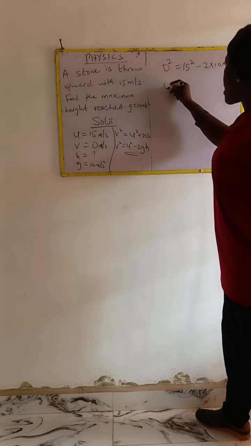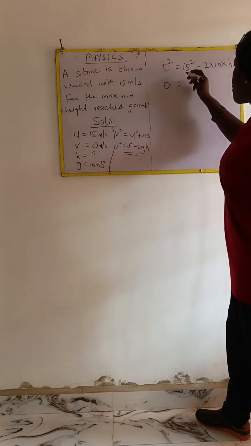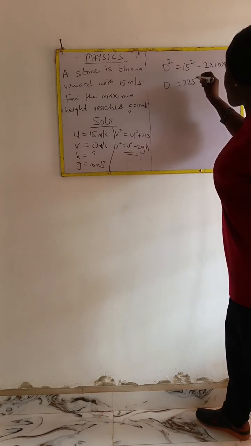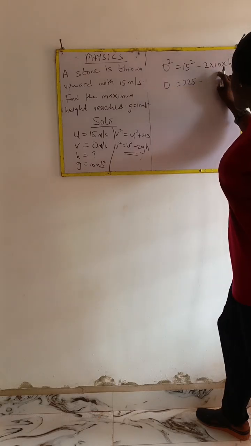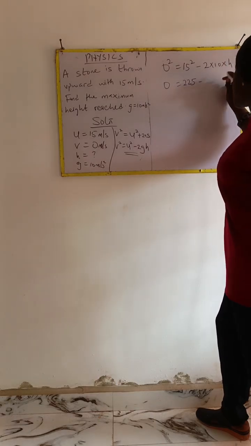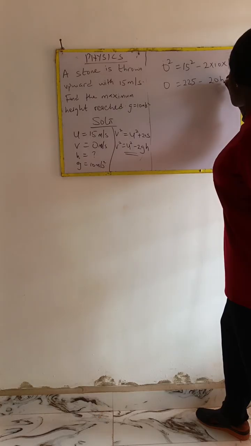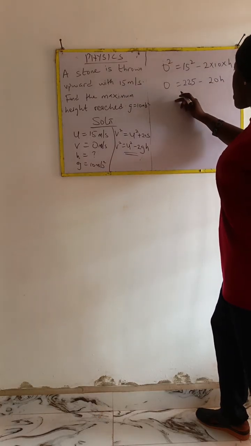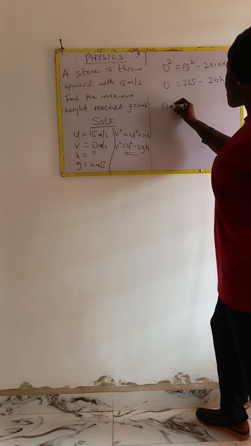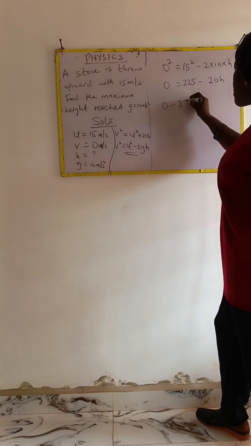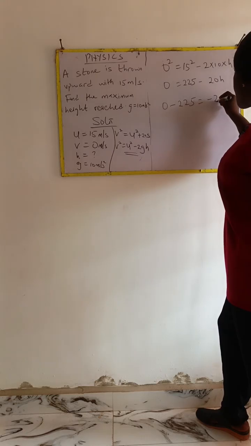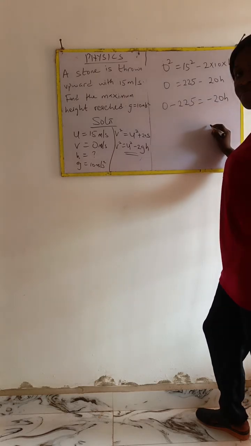Now 0 squared is 0, and 15 squared gives 225, minus 2 times 10, which is 20, times h. So I have 20h. Zero minus 225 gives me minus 20h.